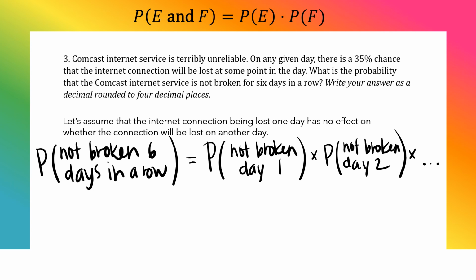All right, so we're looking at the probability that the internet connection is not broken. If there's a 35% chance that the internet connection will be lost, so we'll say is broken, what is the probability that it's not going to be broken?